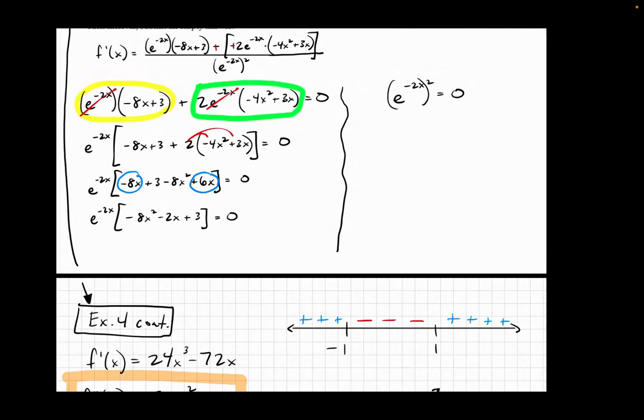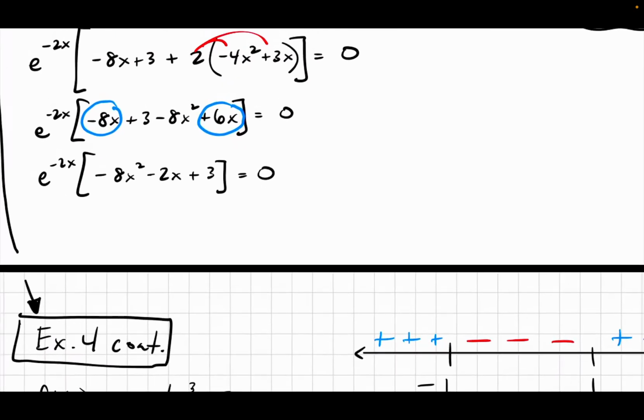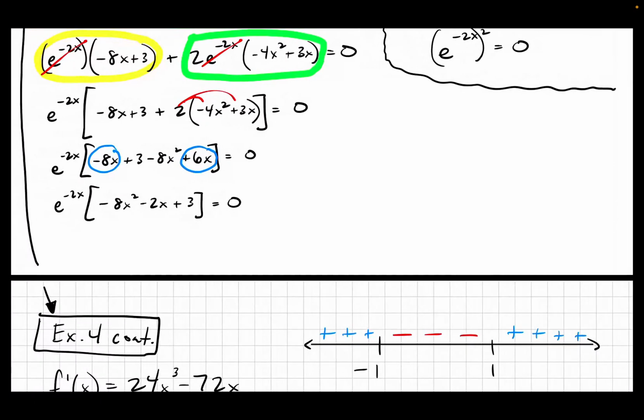I'll just do it over here. Okay, so then set those two factors equal to 0. So e to the negative 2x equals 0, and negative 8x squared minus 2x plus 3 equals 0.